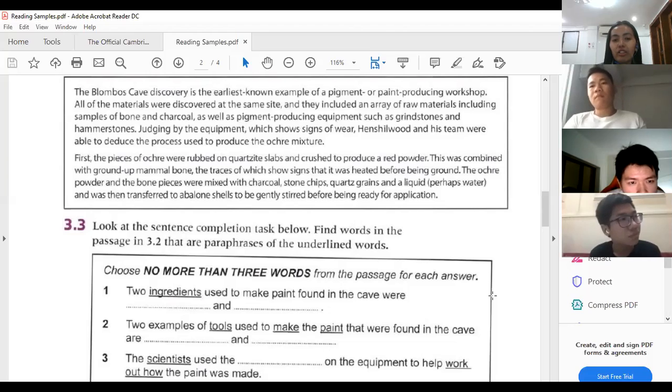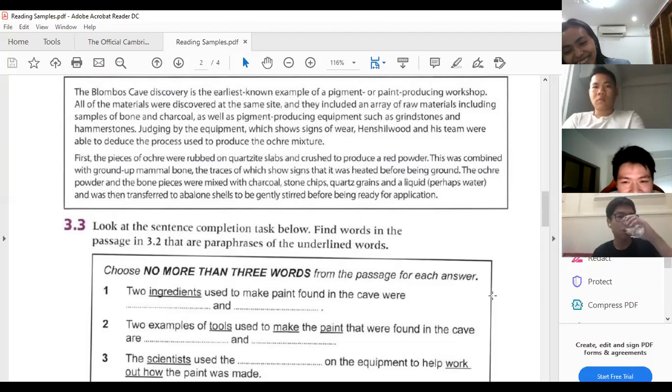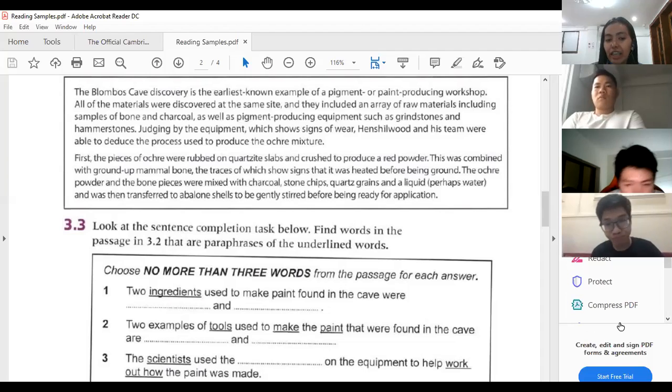It should be next to each other, like equipment, producing, pigment, and scientists. What is it? Or who are they? The word scientist refers to Hans Wood and his team. Very good. Hans Wood and his team.